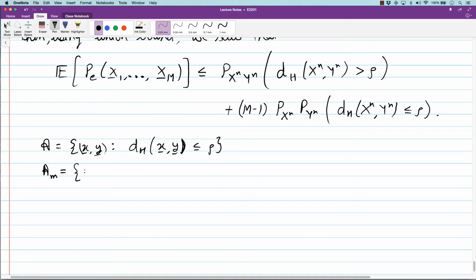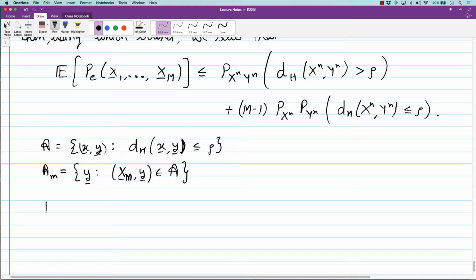It's the set of those y for which the randomly generated xm and y belong to A. So this is a special case of this more general rule, which can be defined for any set A. We have chosen the set A to be the one where the Hamming distance between the pairs of sequences is smaller than rho.